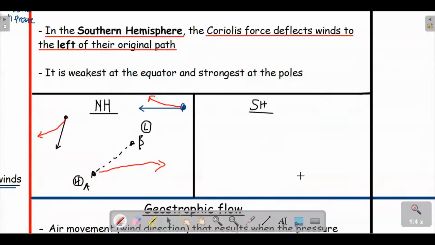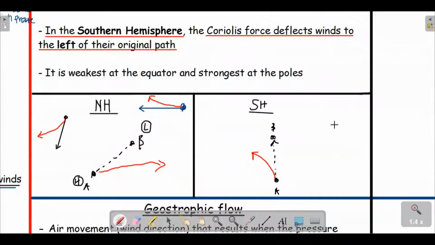So if air was supposed to move from, let's say, A to B, this way, like that, but because of the Coriolis force, it is deflected to its left. Okay, this is in the southern hemisphere. That's how you identify where this wind is located.